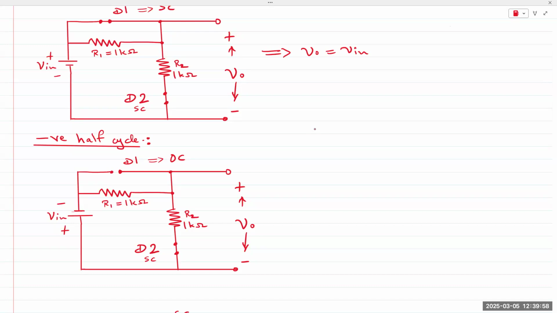So we can say this circuit is for values of V in less than 5 volts in the negative half cycle.